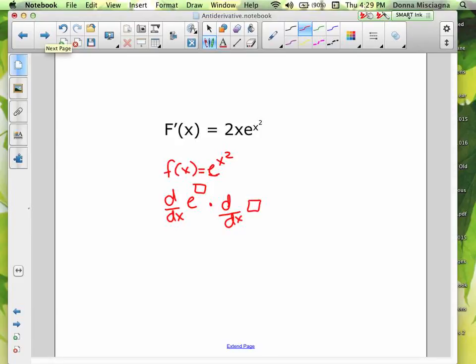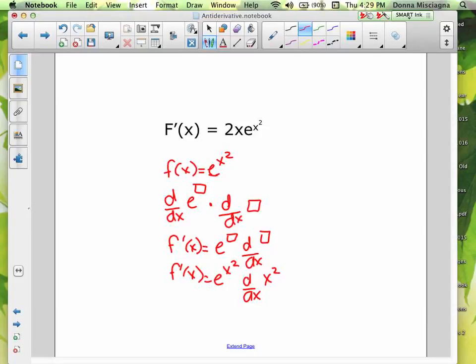In this case, our derivative would be e to the blop times that derivative there. And our blop is x squared. So our derivative is going to be e to the x squared times the derivative of x squared. And the derivative of x squared is 2x. Which gives us 2x e to the x squared.